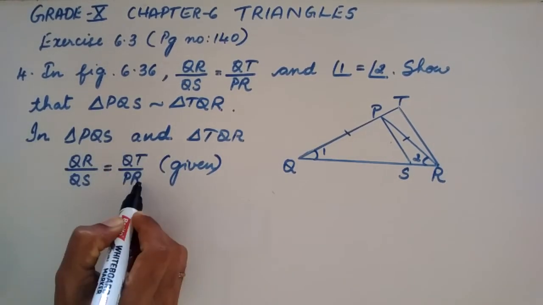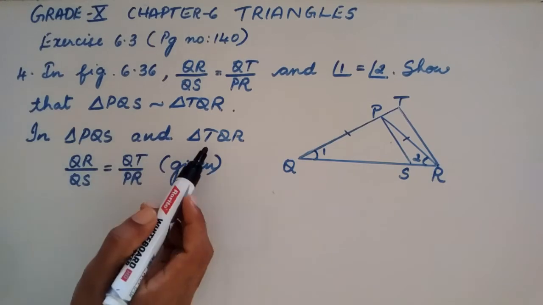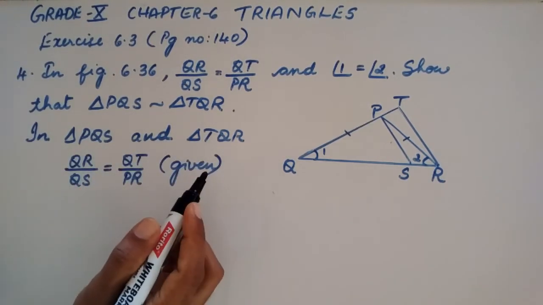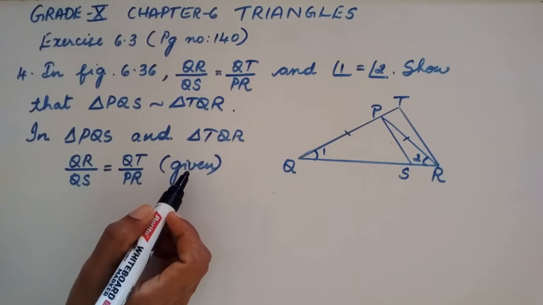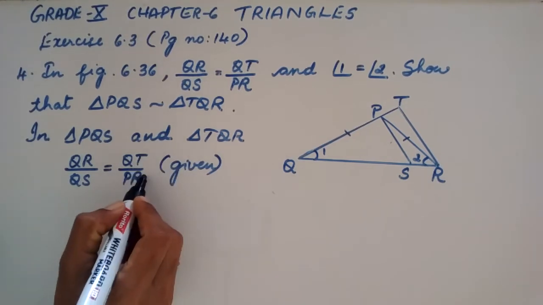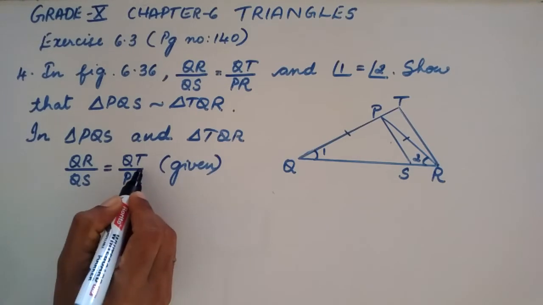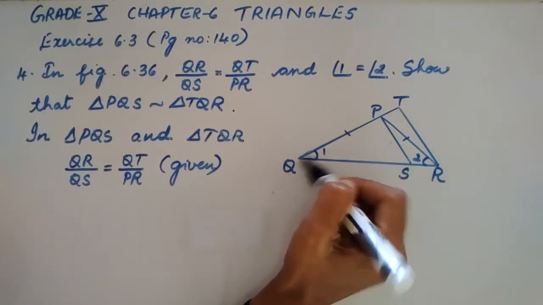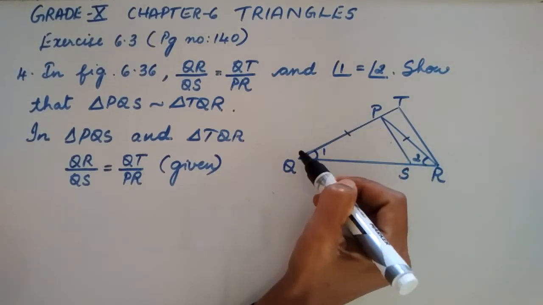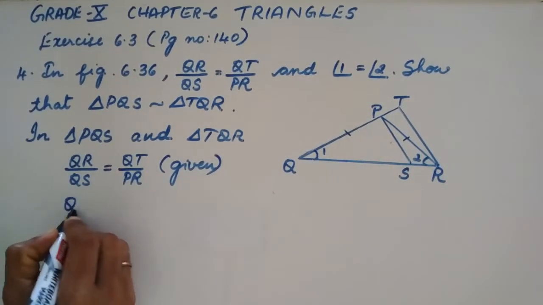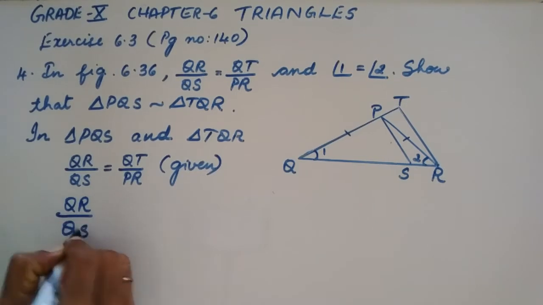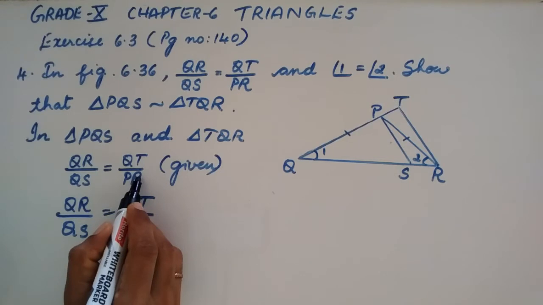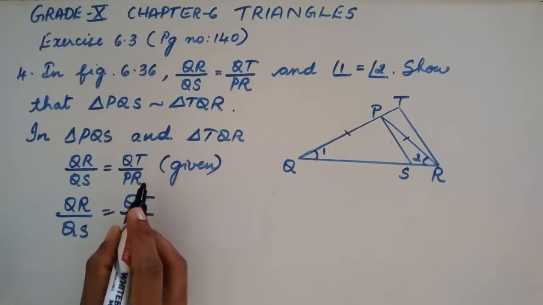So these sides come in both these triangles, that is triangle PQS and triangle TQR. Now this is the given portion. And now this PR, as I told you, is equal to PQ. So here QR by QS is equal to QT by, what is PR? Equal to PQ.